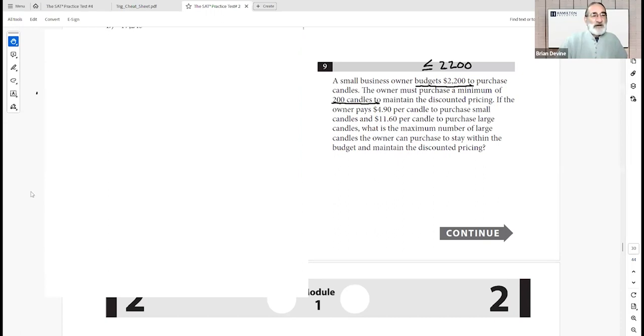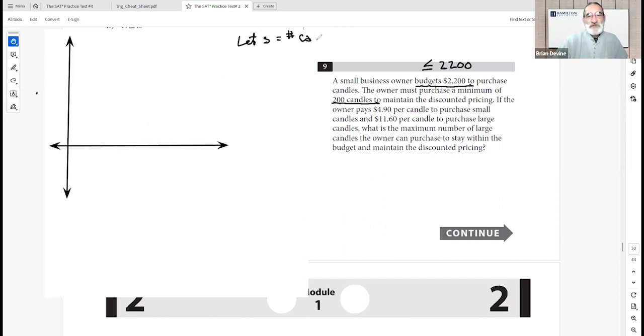If you have a graphing calculator, it would be quite simple to set up, but you can do it by hand. I'm going to have 2 axes, large and small. And so I'm going to let S equal the number of small candles, and I'm going to let L equal the number of large candles.